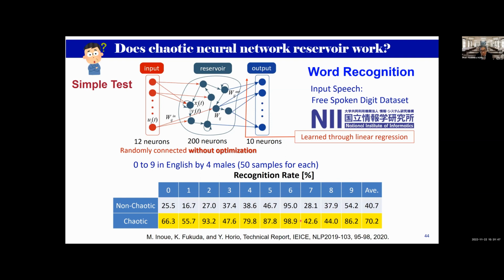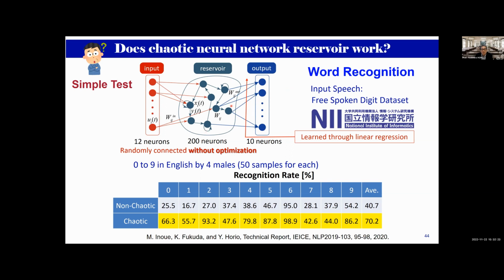Okay, so how does this chaotic neural network work? This is a simple question, and we did some simple tests. One of them is this one, word recognition. We put 200 neurons in a randomly connected reservoir network, with an input layer and output layer connected, and discrete words 0 to 9 were input from here, and we observed the result.